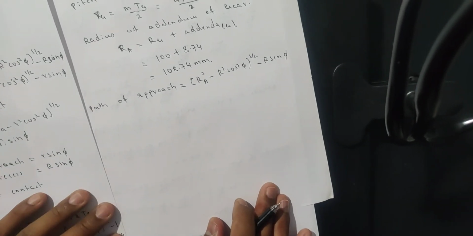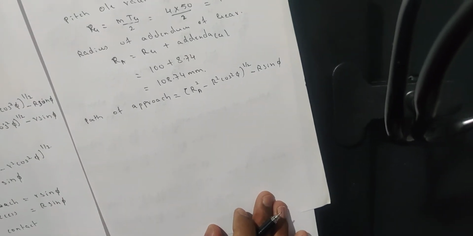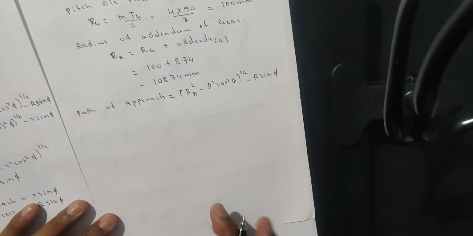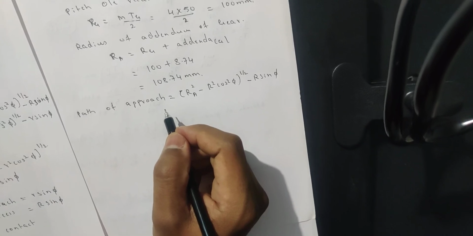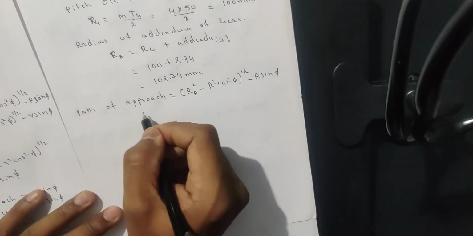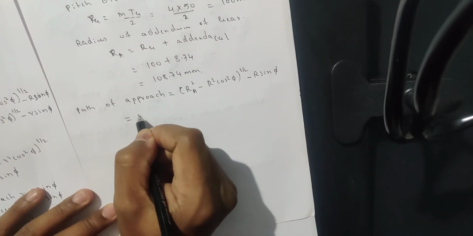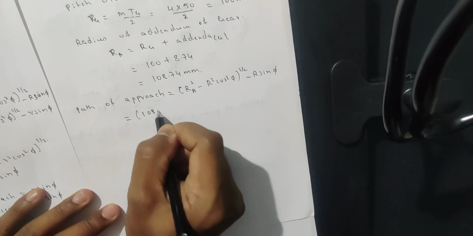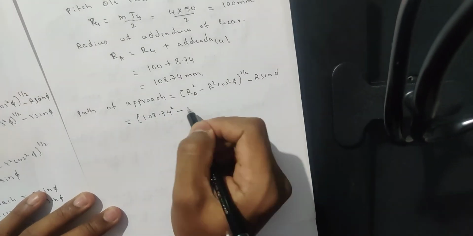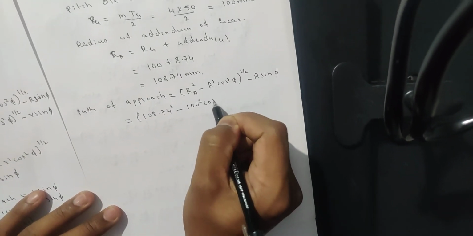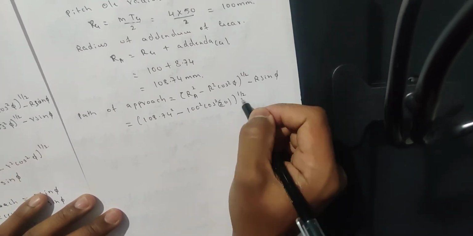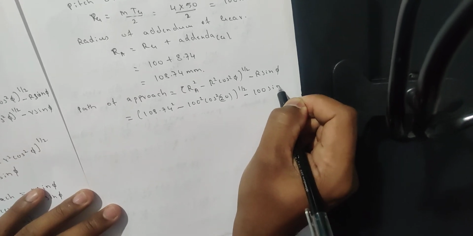So this is the approach here. Capital R resembles the gear, small r resembles the pinion. So capital R means we will be calculating the value for the bigger gear, which will be equal to 108.74 square minus, what is the other value, 100 square cos square 20 degree, raised to 1 by 2, minus 100 sin 20.